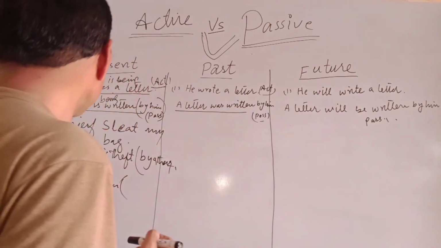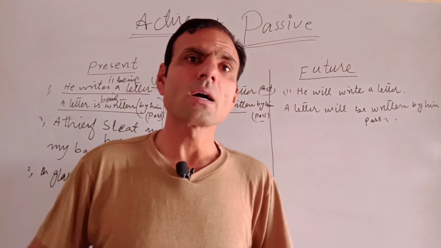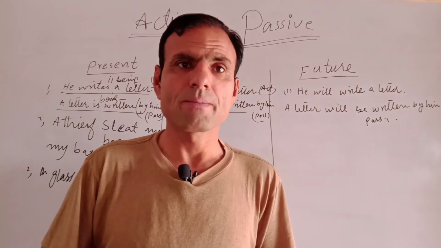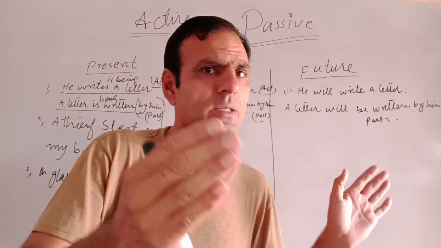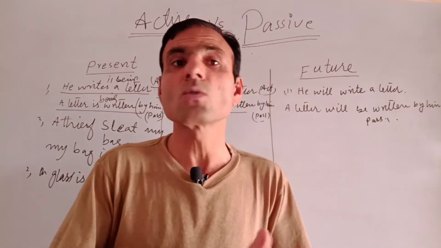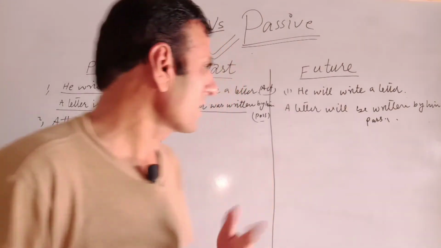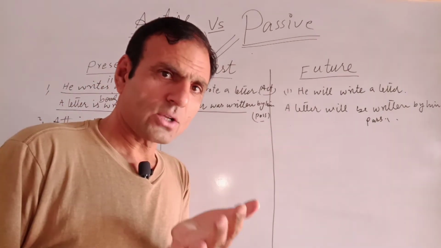Again, if we say the thief stole my bag, and we change it into passive voice, then "by thief" is not necessary because we know stealing is the job of thieves. The same formula, we can hide the secrecy.